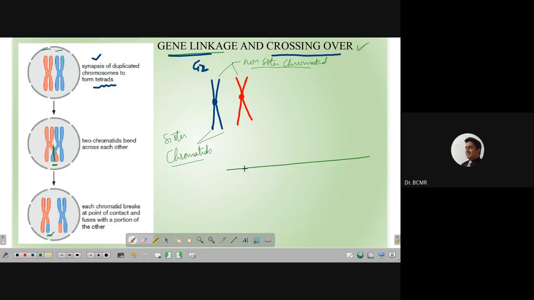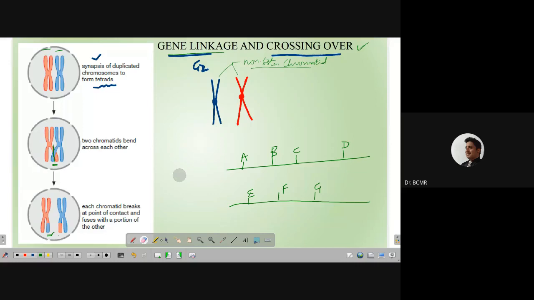This is a chromosome, and this is gene A, gene B, gene C and gene D. And I'm going to draw another chromosome, a different one, not a homologous chromosome. Gene E, F, G.